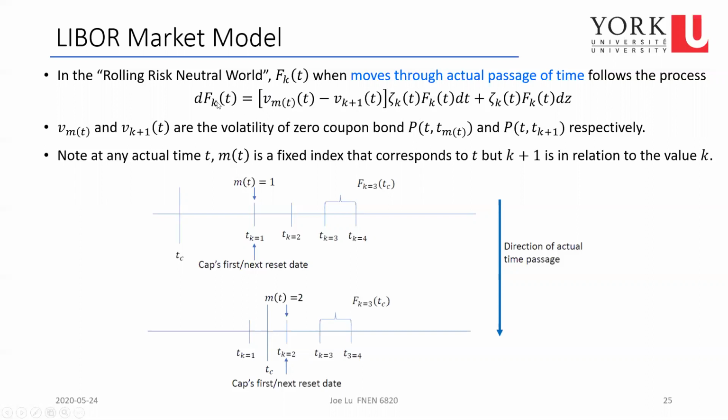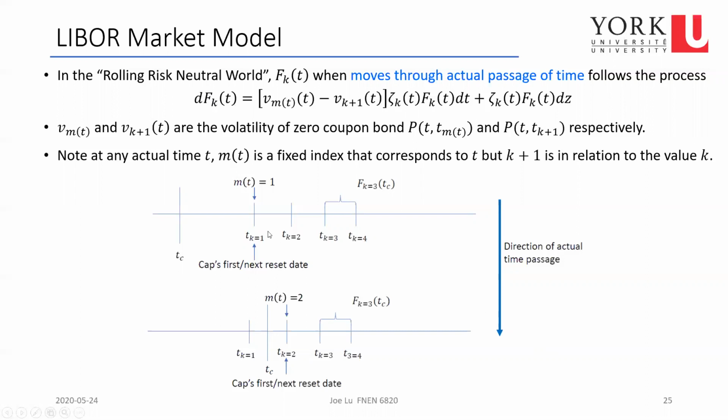So again, if k is equal to 3 and m is equal to 4, this will be okay. But if k is equal to 3 and m is equal to 2, F3T will not follow a martingale process.